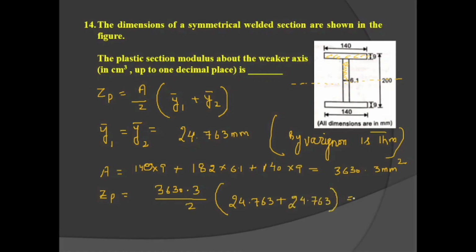After calculating, I found the value equal to 89.89 centimeter cube, which is our answer. So my dear students, here we calculated y1 bar and y2 bar, then calculated the values. The ZP is 89.89 centimeter cube. Okay, now next question.